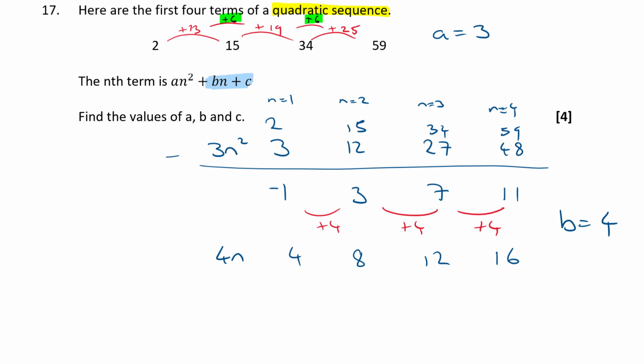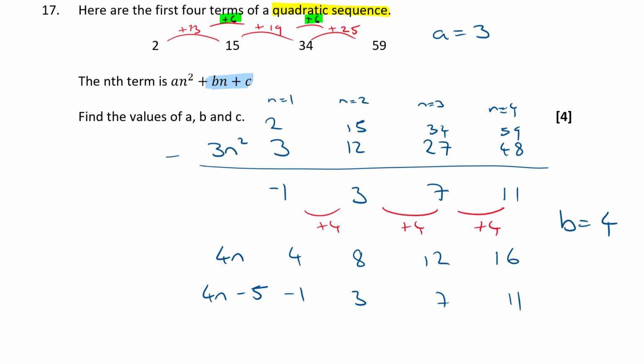Now if we compare that to what we've got, we don't have minus 1, 3, 7, 11. We've got 4, 8, 12, 16, which has got a difference of 5. Each of the numbers in our sequence was 5 less than what we've got. So 4n subtract 5 is going to give me what I want then, isn't it? Minus 1, 3, 7, 11. So the linear part of my sequence is 4n minus 5.